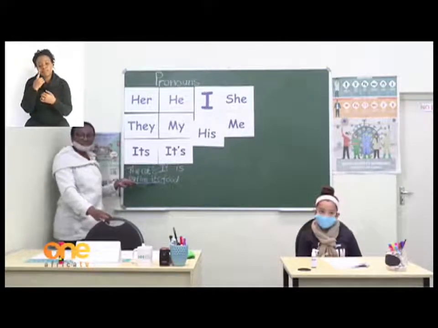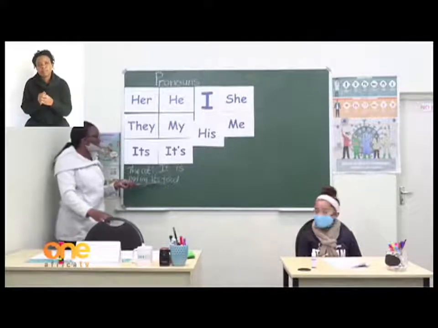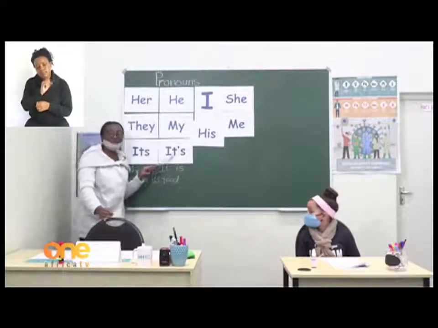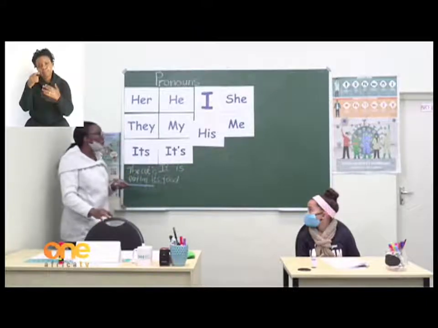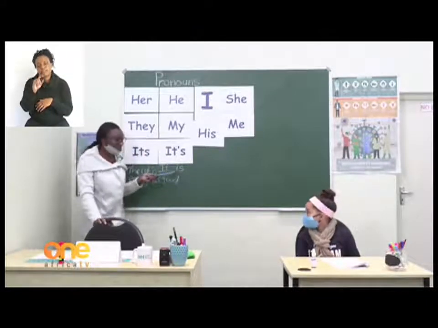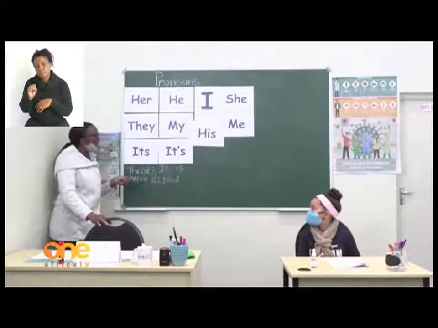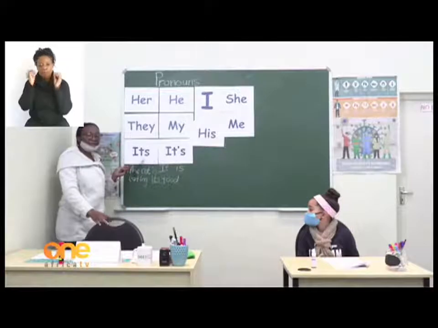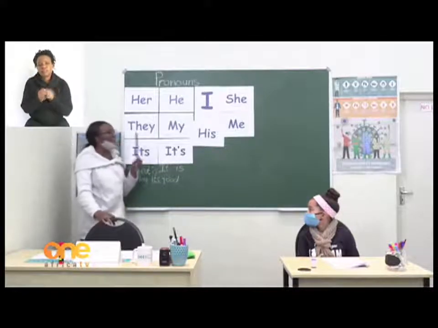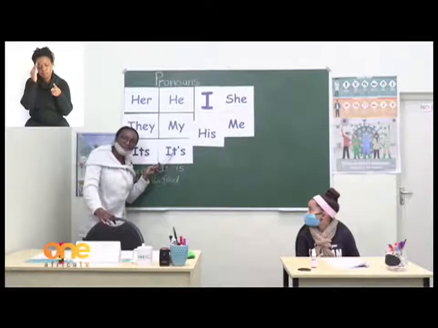This is for possession, that means it's for belonging, and this is for contraction, meaning the word is shortened or it is made smaller. Chanel, can you see the difference? I hope you're not going to confuse these two. It's without an apostrophe and it's with an apostrophe.